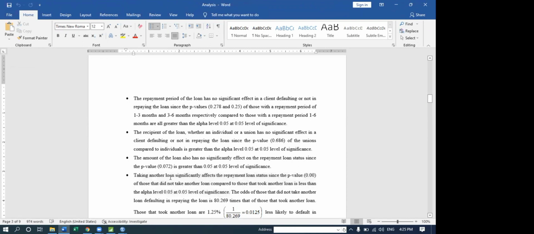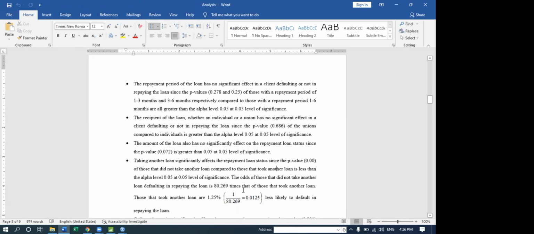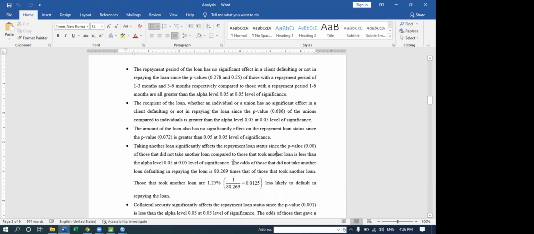So it means I'm comparing yes versus no. Taking another loan significantly affects the repayment status, since the p-value of those that did not take another loan is less than this. What I interpreted here is that taking another loan, whether you take or you don't take, it affects repayment.